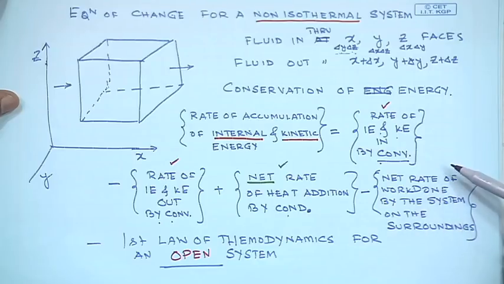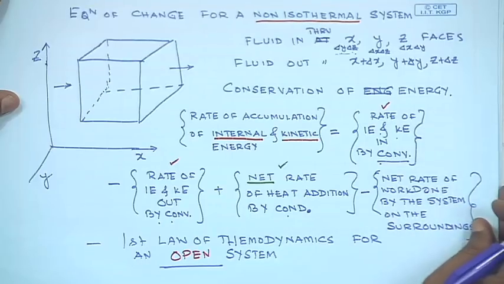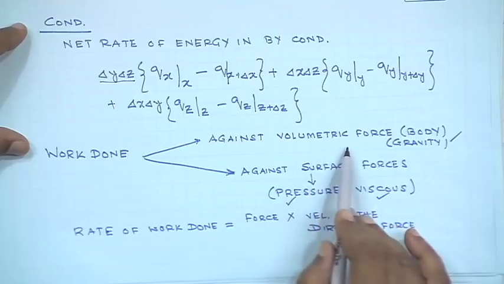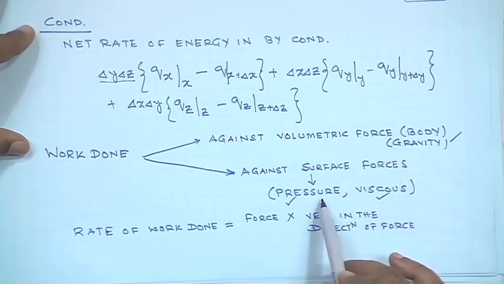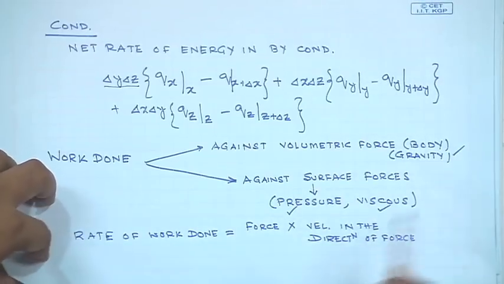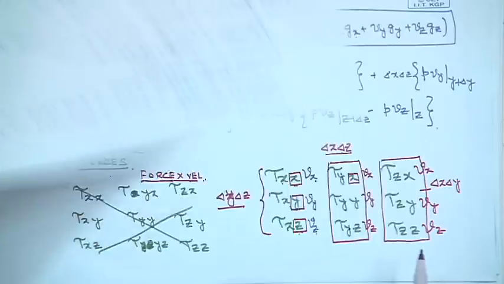So, from this generalized conservation of energy equation, the equation for mechanical energy is subtracted, and what we obtained was the general form for the energy equation, taking into consideration the work done as well as heat generation, the work done against volumetric forces like gravity, against surface forces as I said pressure and viscous forces, where the rate of work done would simply be equal to force times velocity in the direction of force.